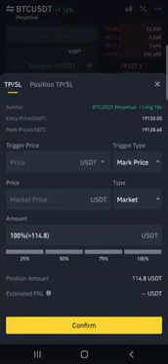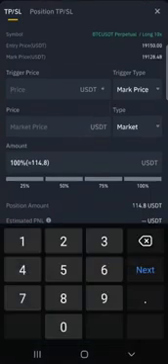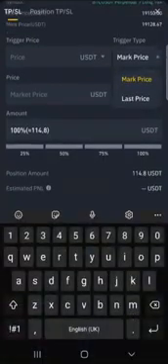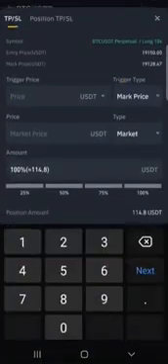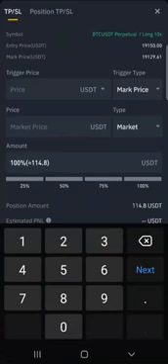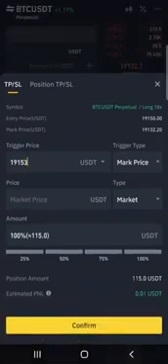So let's say we want to sell at 19,153, right? 19,153. Then click 100%. Then let's confirm. Remember, we are using market price.